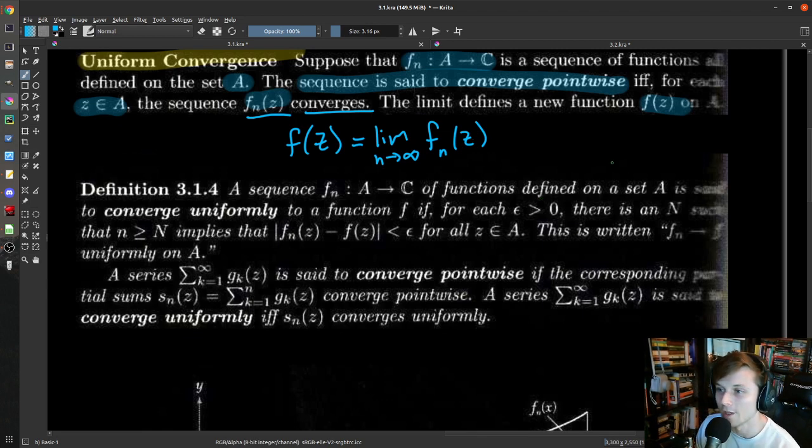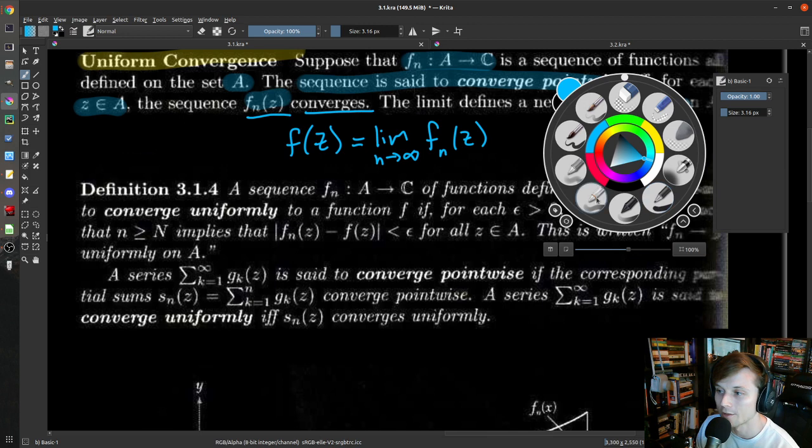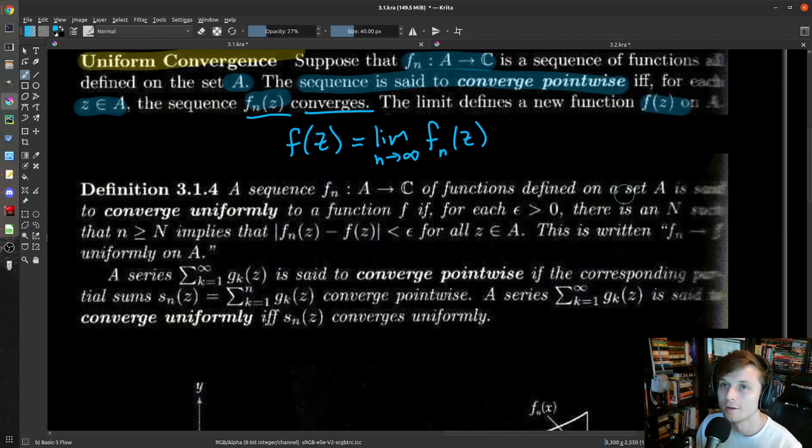But that's sort of the gist: we want to talk about when an entire function, not entire in the sense of complex, but the whole function, gets close to another function, not just the points that get passed to the sequence of functions getting close to a value each individually, but when do sequences of functions get close to some function all at once? And this is the notion of uniform convergence. So let's define it.